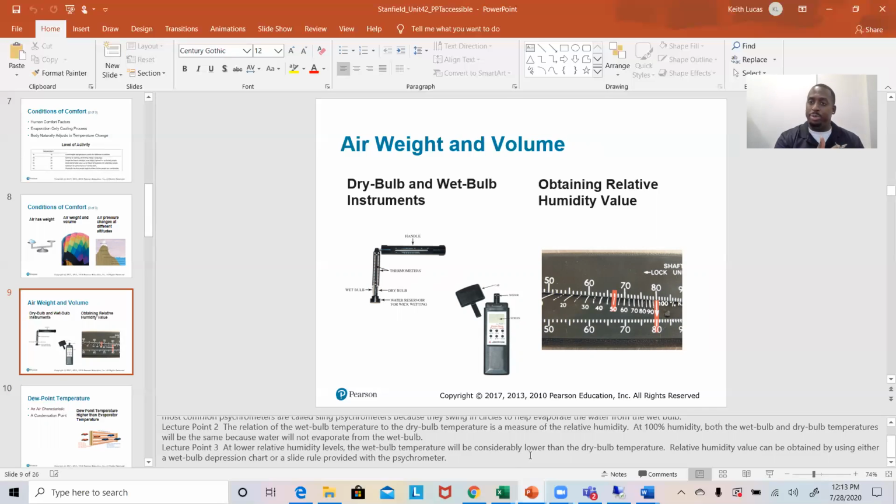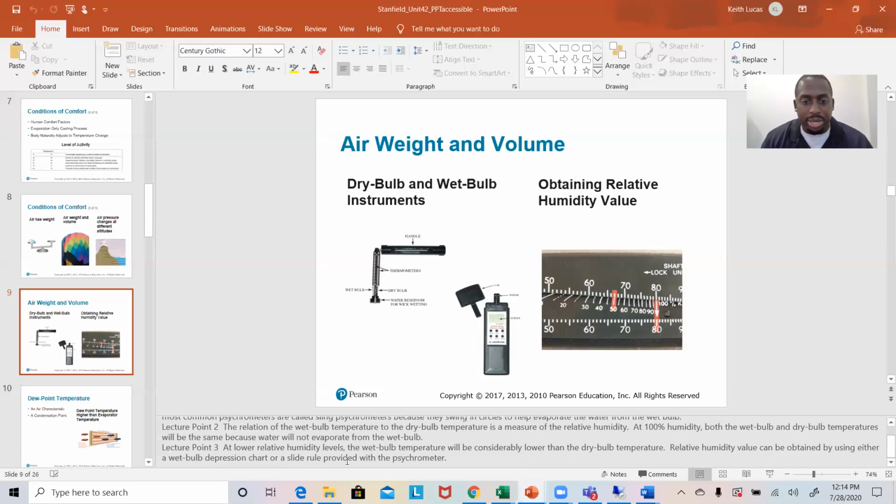So your wet bulb temperature is going to be significantly lower than your dry bulb temperature when the humidity hasn't evaporated. Oh, so at 100% humidity, wet bulb and dry bulb would be the same because it's not going to evaporate.